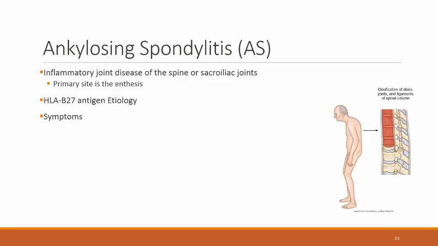The primary sites are the sites where ligaments, tendons, and joint capsules insert into the bone, called the entheses, and the enthesis is considered the primary site with this disease.